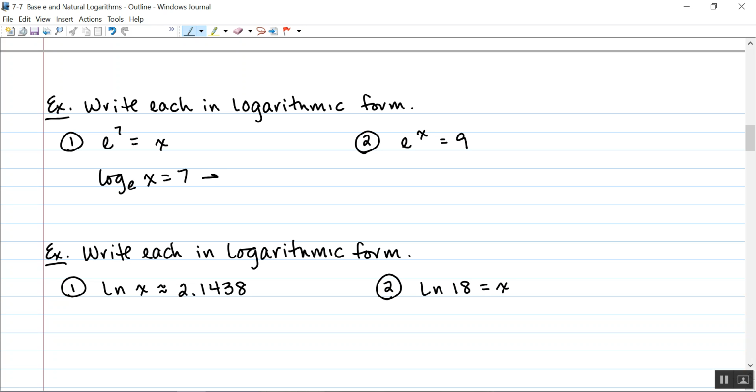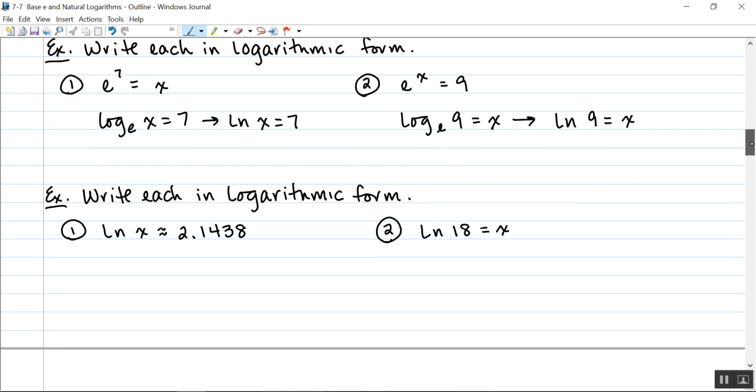But writing that in a little shorthand, we're going to say ln x equals 7, because log base e of x can be written ln x. Here's another example, e to the x equals 9. So that would be log base e of 9 is equal to x, or ln of 9 equals x.